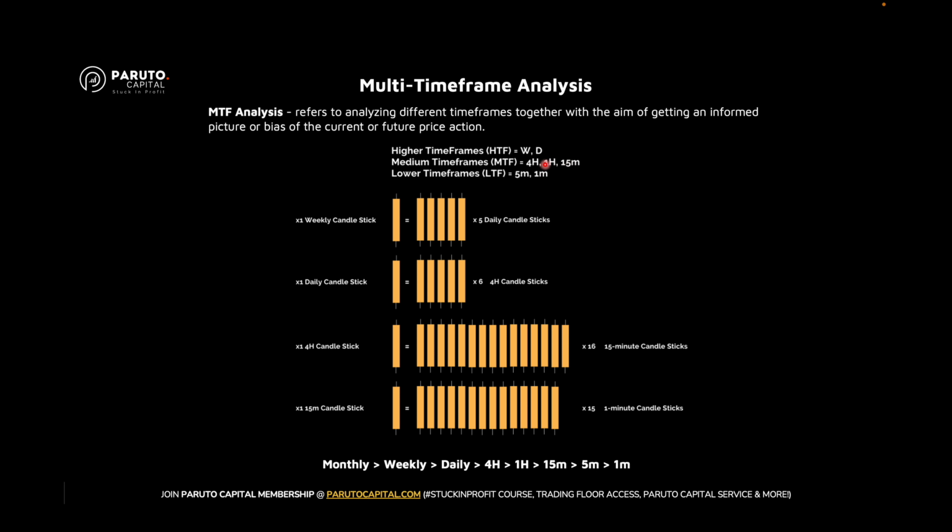Depending on how you look at the market, some persons will consider the 4 hour time frame to be a higher time frame. However, it really just depends on how you view the market and how you utilize this in your trading.